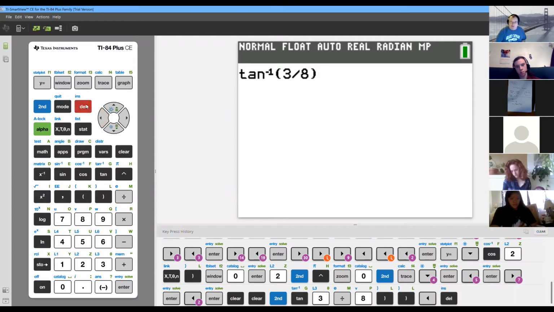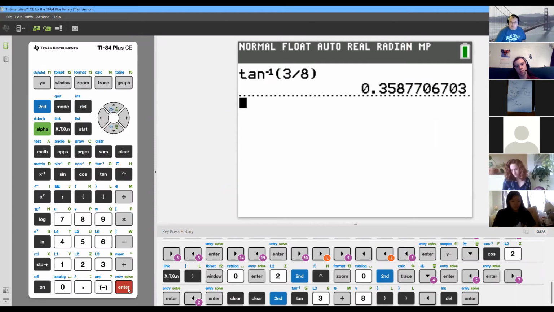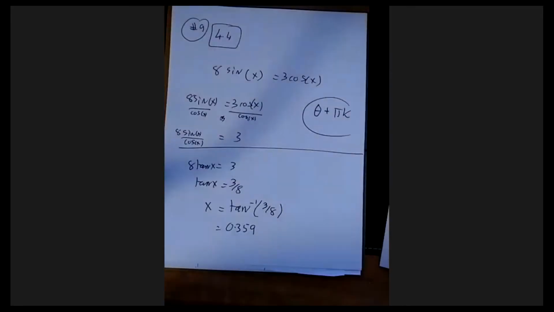But I know 3/8 isn't in the unit circle, so it's going to be a weird decimal. Let's say it's to 3 decimal places: 0.359. Are we okay so far about how I've got to this point, that I found the missing angle?